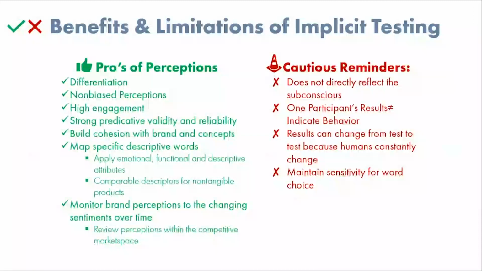Right. So what are a couple of the things that we should consider too? While all the benefits are great, we want to remember some things as we're doing this test. So I think first and foremost, a lot of times in market research, when people think of psychology and neuroscience, they automatically think you're measuring the subconscious or non-conscious. Right. And that's not really the case here. You're measuring what people have learned.